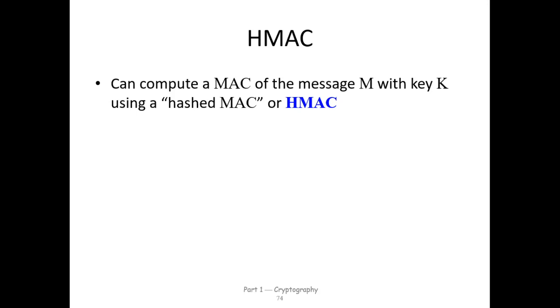Before going to this, let me discuss what a message authentication code is. Assume that there are a sender and a receiver. Both the sender as well as the receiver are authorized users. For example, in this particular book, they have mentioned the users are Alice and Bob, two authorized users.